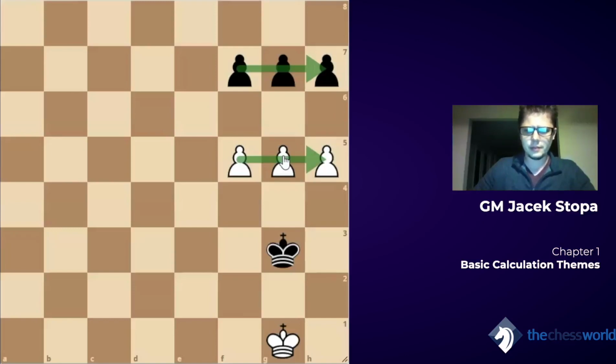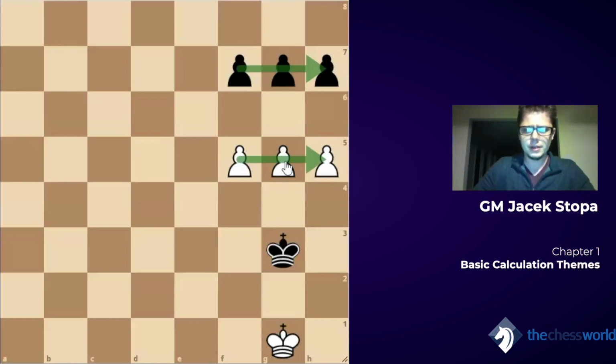Some positions are evaluation heavy, where we need to understand who is better just based on that. Other positions are extremely tactical. It's still good to have a gist of who's better based on some principles, but for the most part, it's down to straightforward calculation to determine who's doing better.